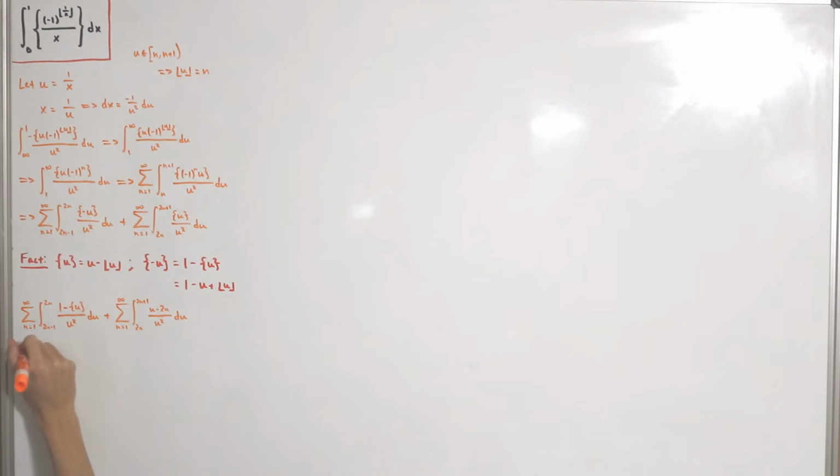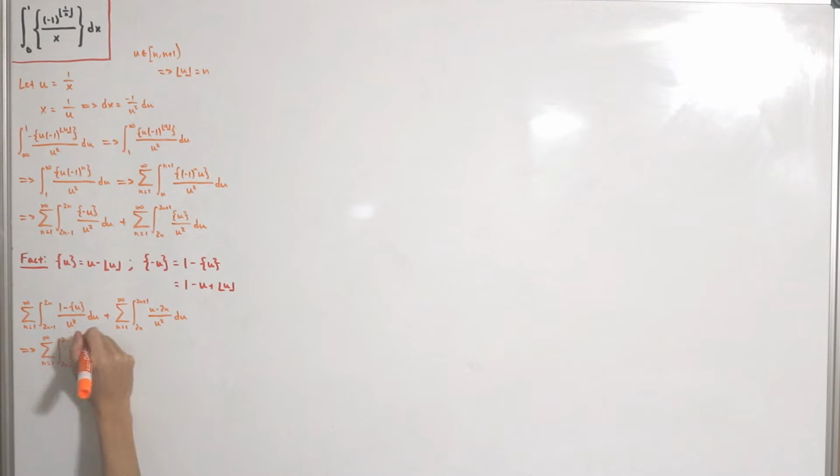Now just rewriting the sum again, because we have a fractional here, I'll substitute that a second time. n equals 1, from 2n minus 1 to 2n, of 1 minus u, and then plus, since we're dealing with intervals between 2n minus 1 and 2n, the floor of u is 2n minus 1, divided by u squared du.